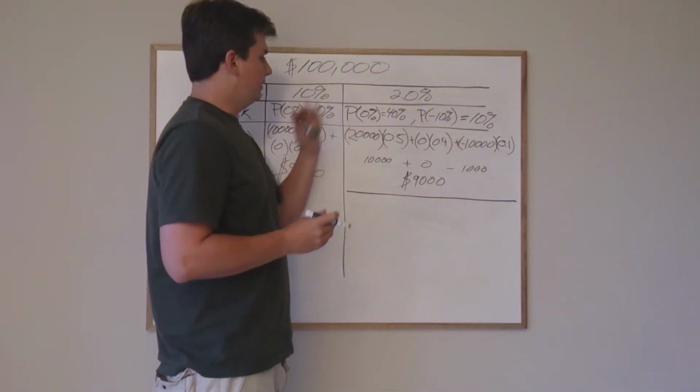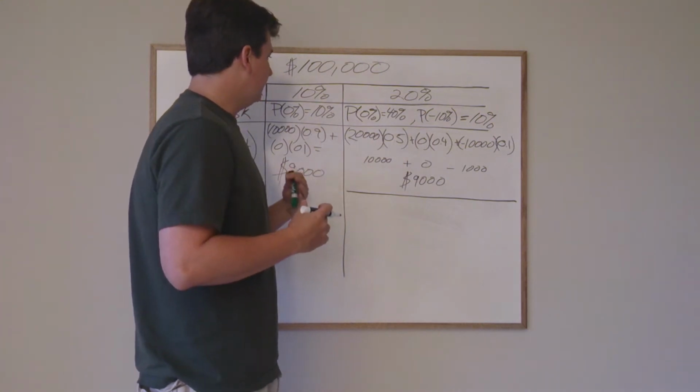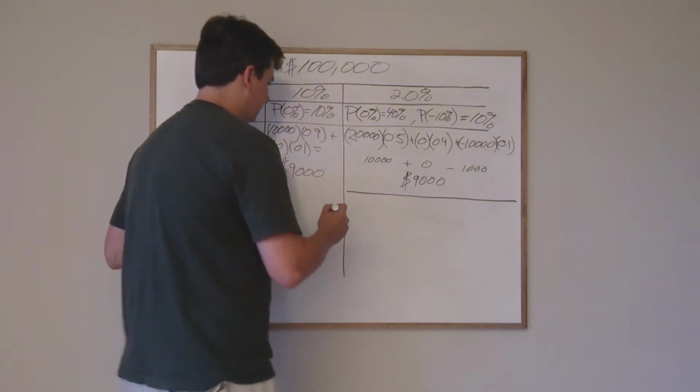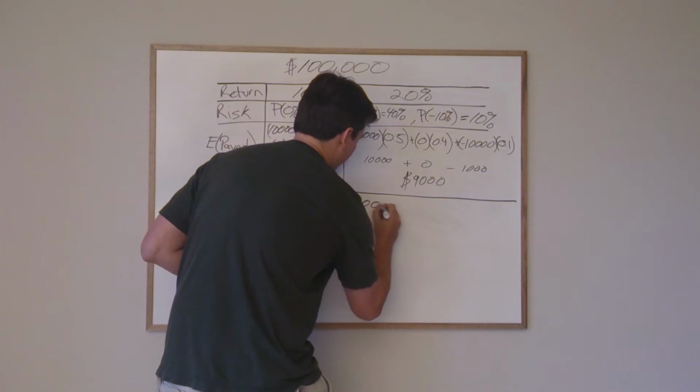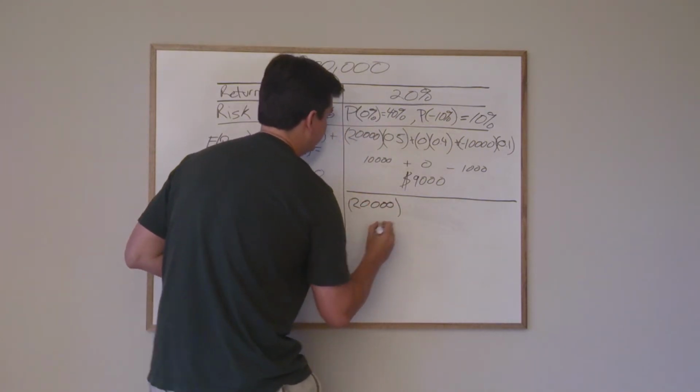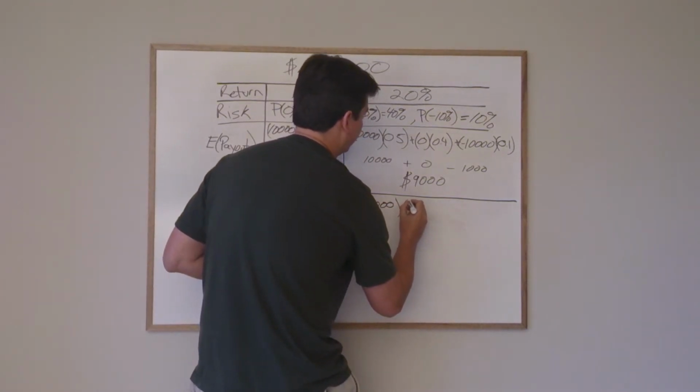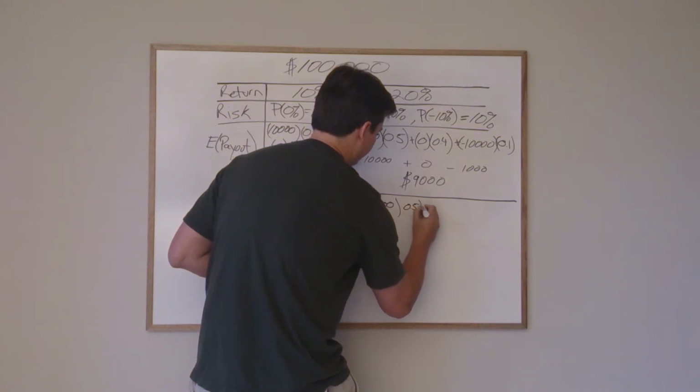So what happens as an investor, as I'm making my choice, this changes my math a little bit, and we'll just do it again quickly. I have 20,000, and so it's still 50% of the time.